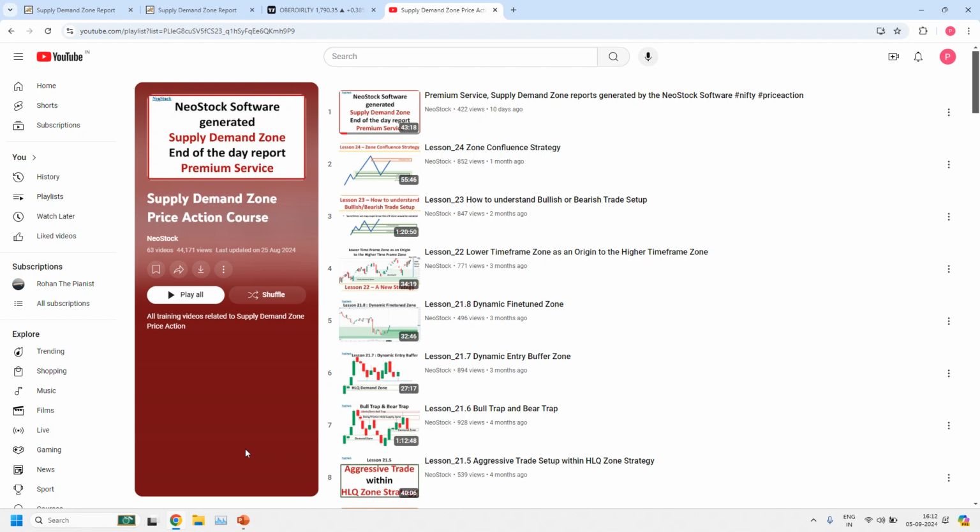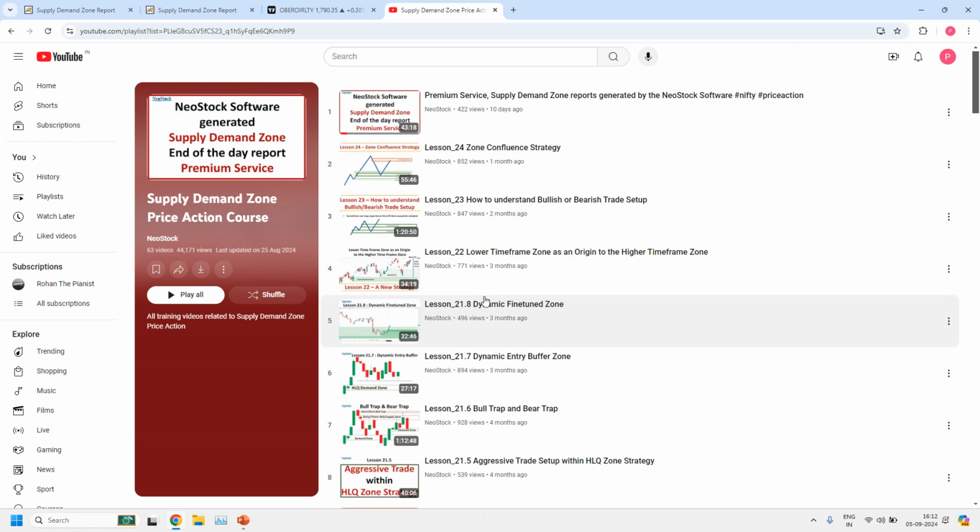So for that you need to complete the course. This is the point you have to understand. That's why you all must complete lesson 23 and lesson 24, and the most recent one at the time of attending this lesson. First, try to complete going through bullish and bearish trade setups along with zone confluence, especially ITF zone confluence.